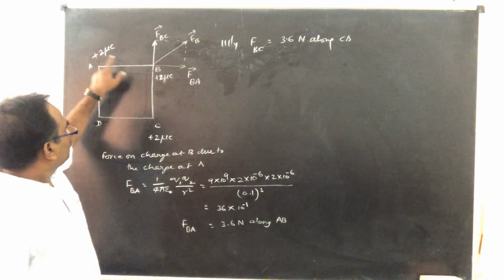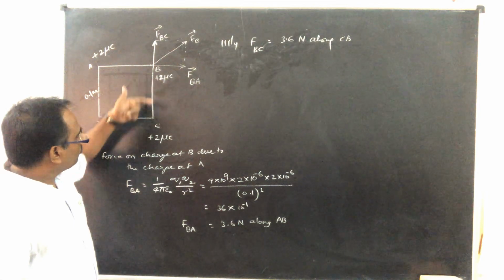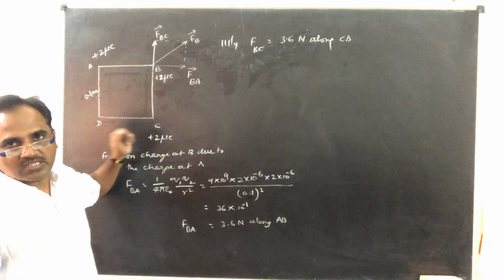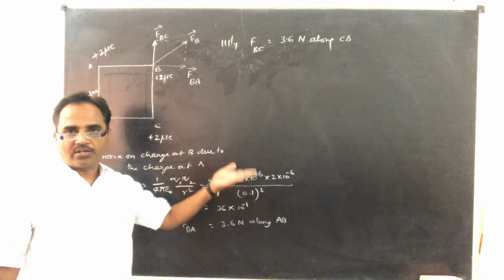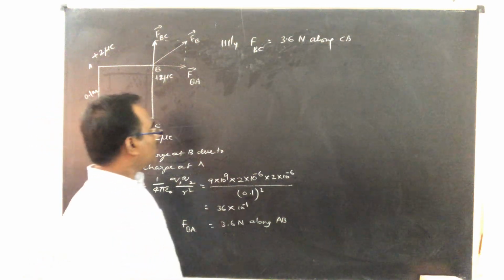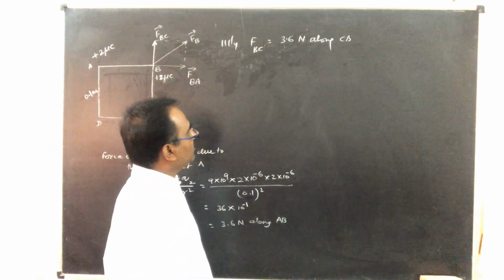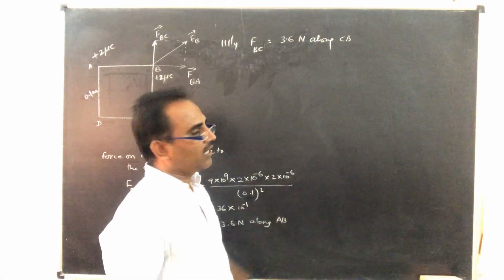So as these two charges are separated by 0.1 meter, these two charges are also separated by 0.1 meter, therefore the magnitude of force will be the same. So again there is no need of doing the calculation once again. So straight away you can write that this FBC is 3.6 Newton along CB.